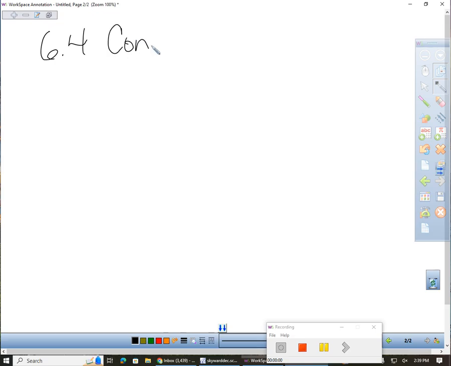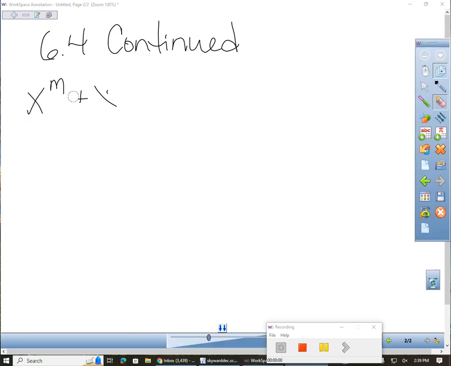So today we are taking our fractional exponents, our radicals, and we're following our exponent rules. Again, I want to touch on those very quickly and make sure you remember our exponent rules. If we have x to the m times x to the n, if the bases are the same, you keep the base and you add the exponents.